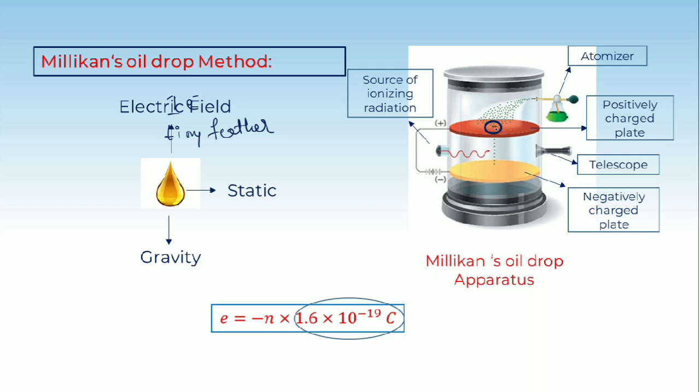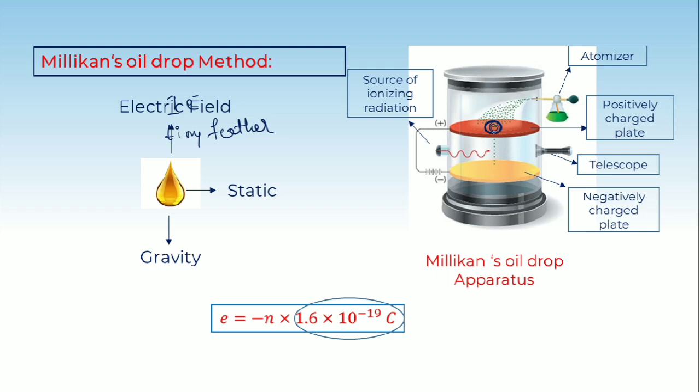In the upper positively charged plate, there is a hole. Tiny oil drops formed on the positively charged plate, and because of gravity, like any drop, they fall down through the hole.